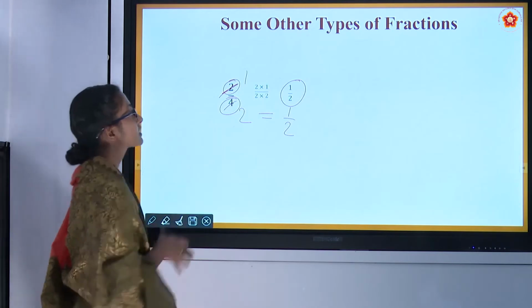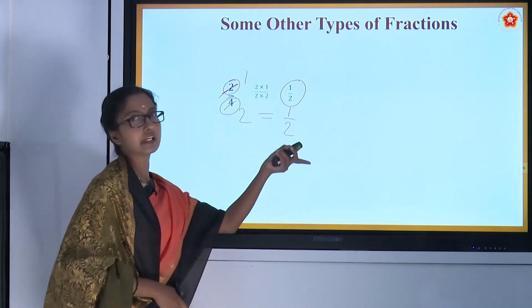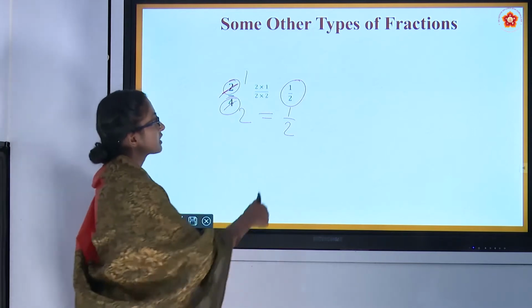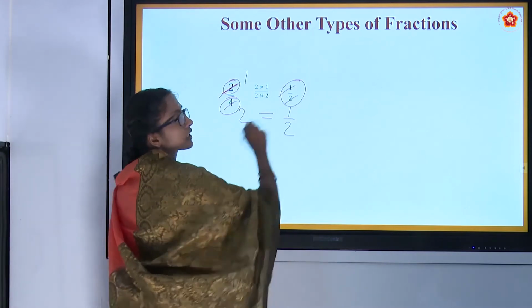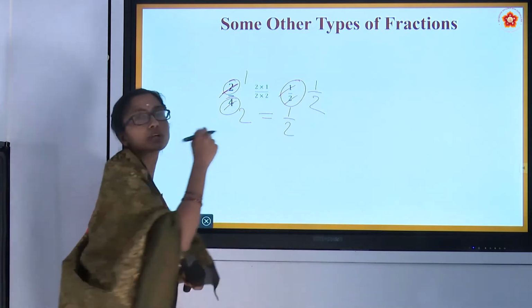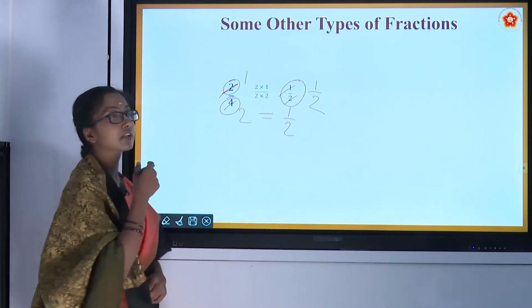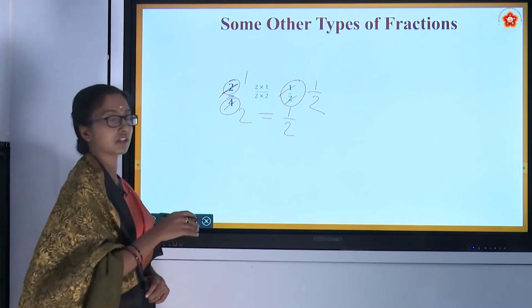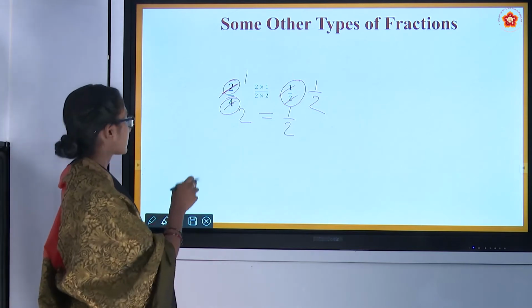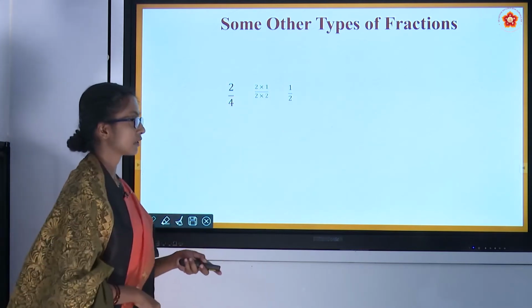What do you mean by the simplest form? Further you can't divide with any table. Only 1 1s are 1, 1 2s are 2. Again you will get the same 1 by 2. That is, if you can't divide a fraction any further, such a fraction is considered the simplest form.